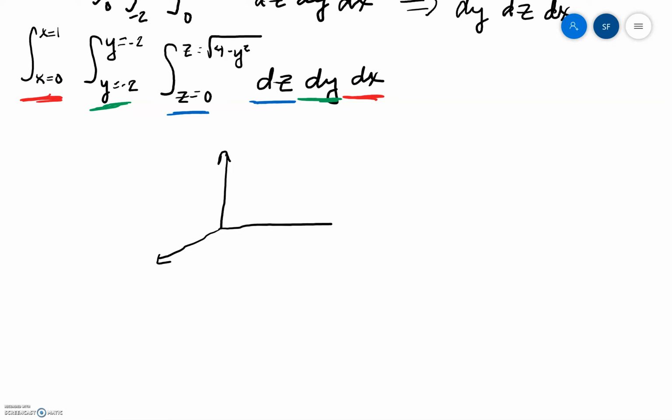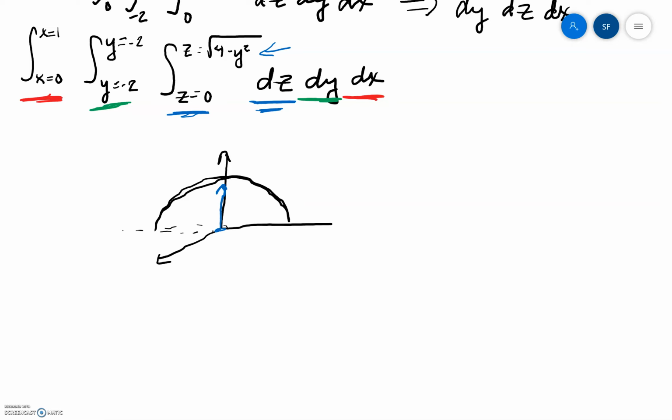I think it makes the most sense to start in the middlemost and work your way in. Because we're doing dz's, we start at 0, and then we go up until we hit this function here. That is a graph of a half circle. We're not going underneath into negative z's.